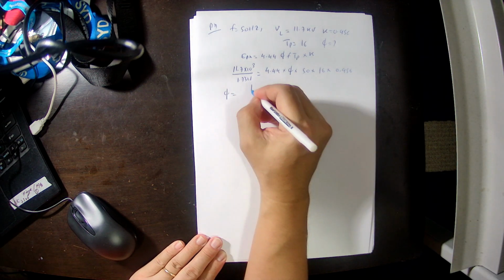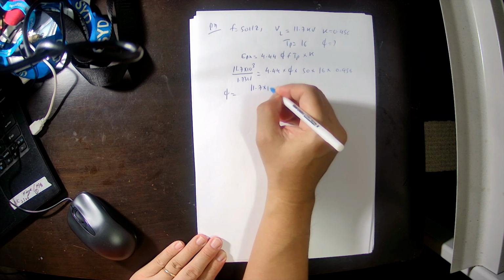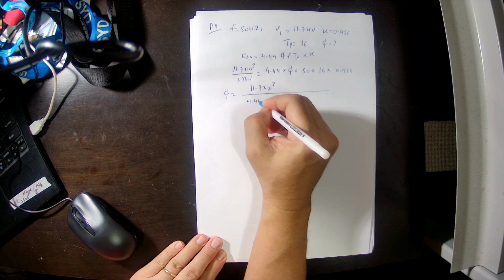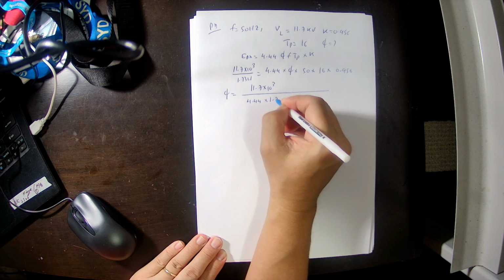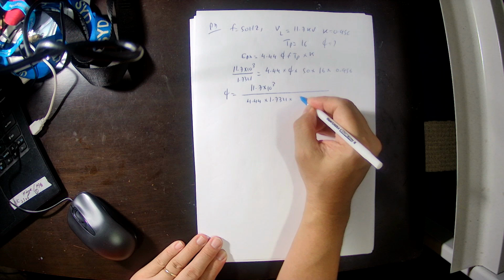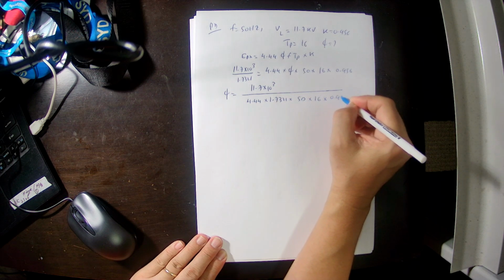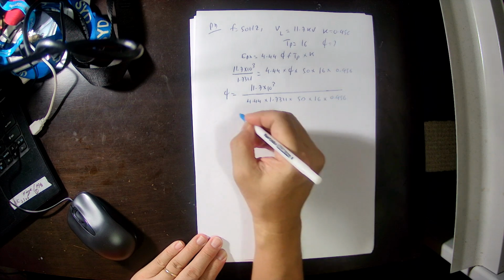Phi equals 11.7 into 10 power 3 divided by 4.44 and 1.7321, divided by 50, divided by 16, divided by 0.956. Then we can calculate the flux.